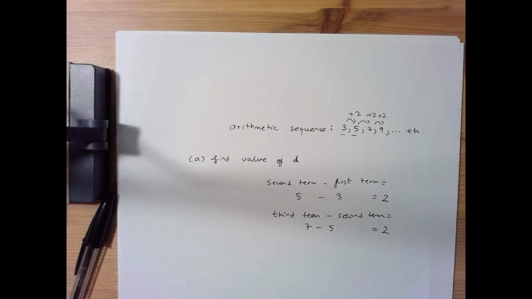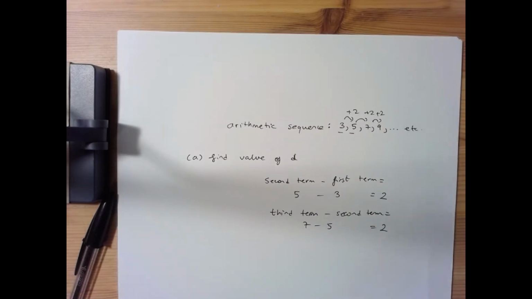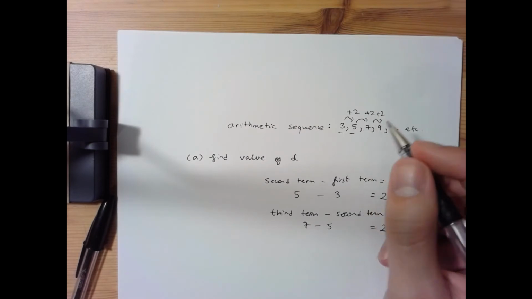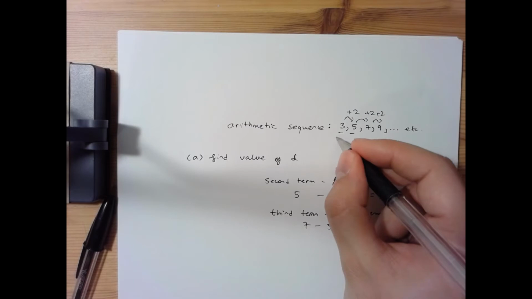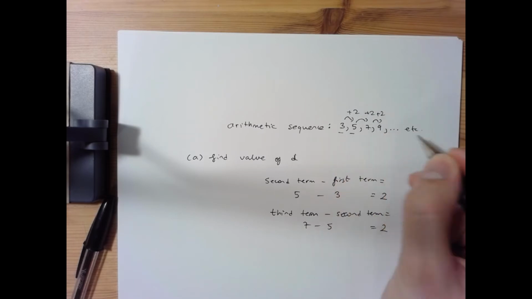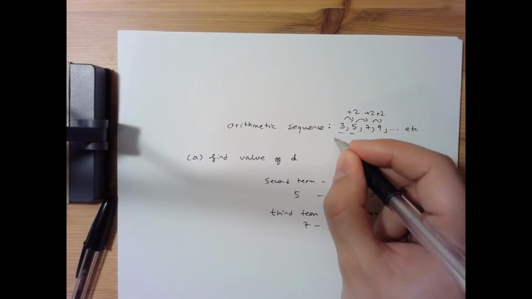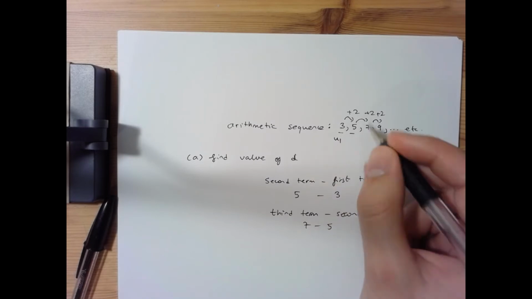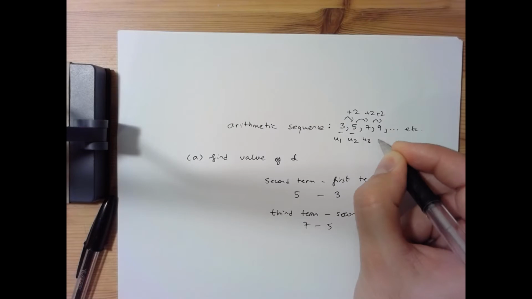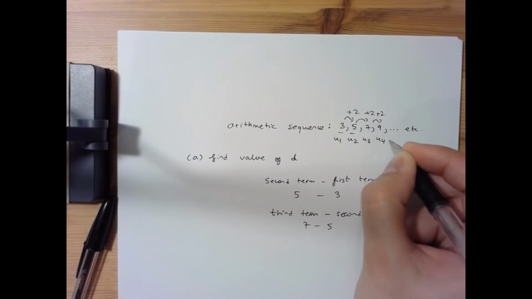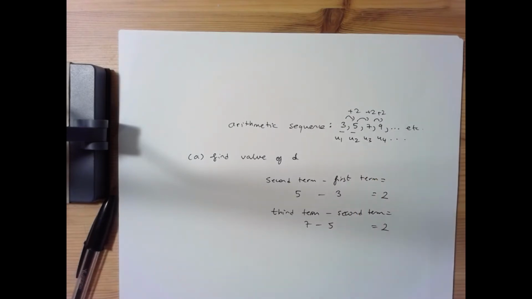Now, of course, we want a more mathematically rigorous way to do this. So what we might do is we might label each of these numbers something, right? So the first digit would be, for example, U1, the second would be U2, third one would be U3, fourth U4, and so forth. Okay, fine.